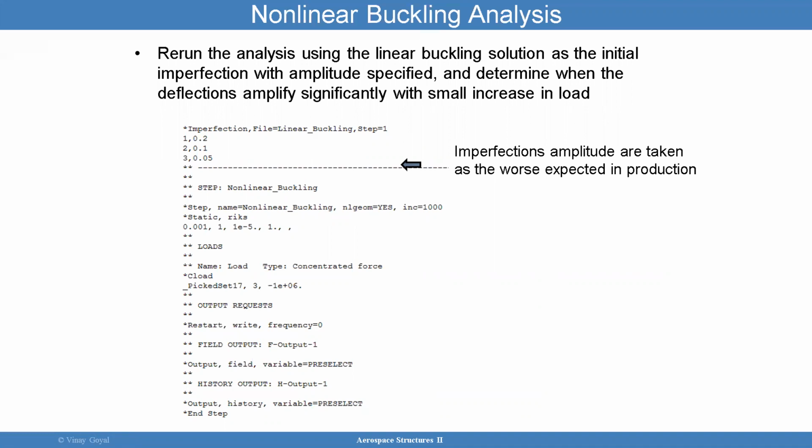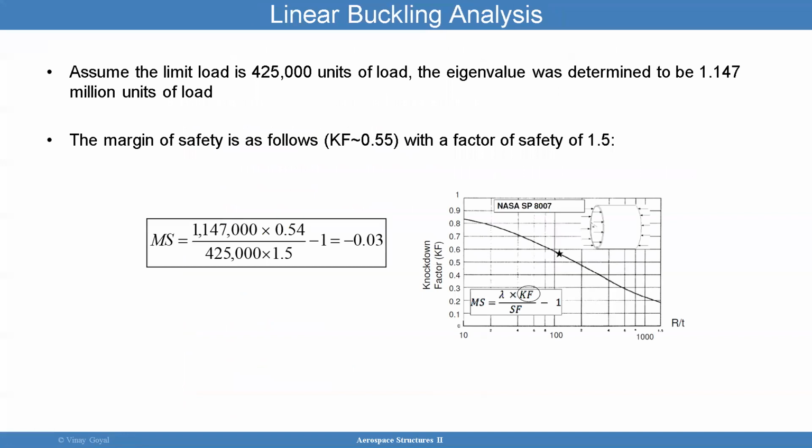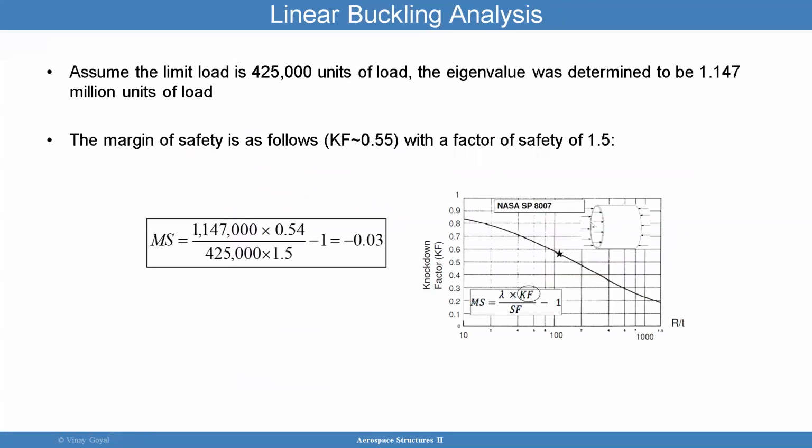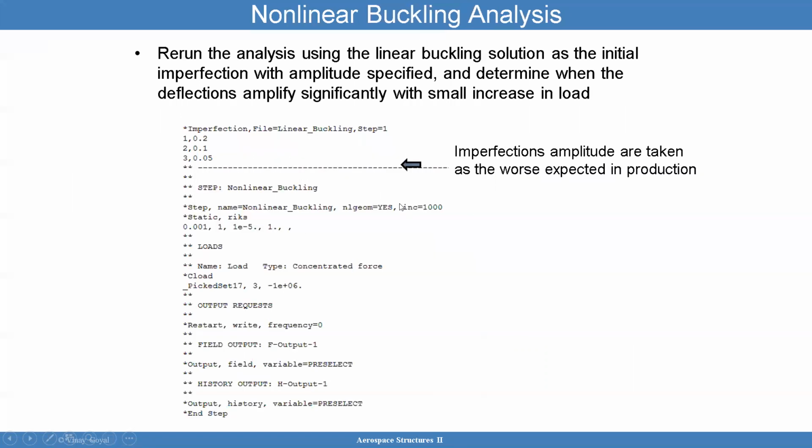So what you're really doing is you're starting with a new, clean slate model, and what Abaqus is doing in that step is taking all these nodes and moving them circumferentially. And it's moving them to match the mode shapes corresponding to the buckling modes that came out of this eigenvalue model. Once you do that, you're going to run an analysis that's nonlinear.